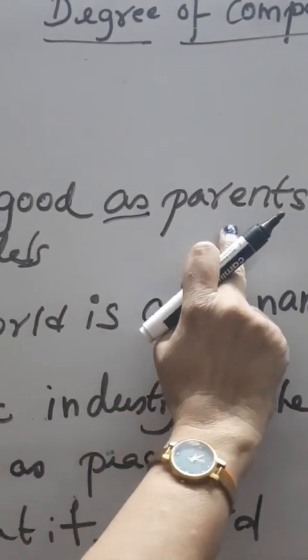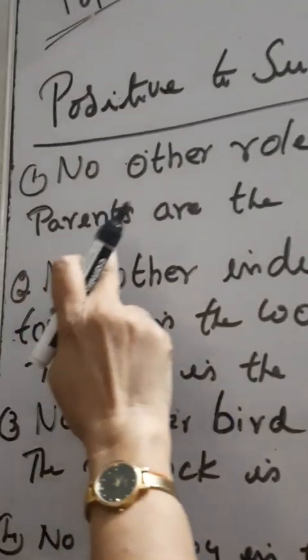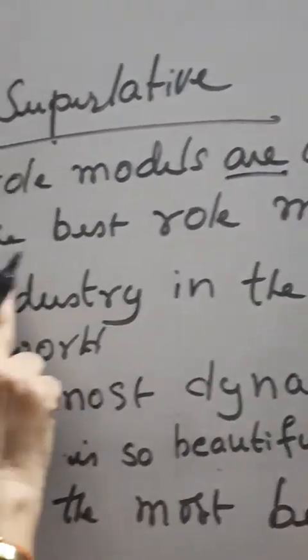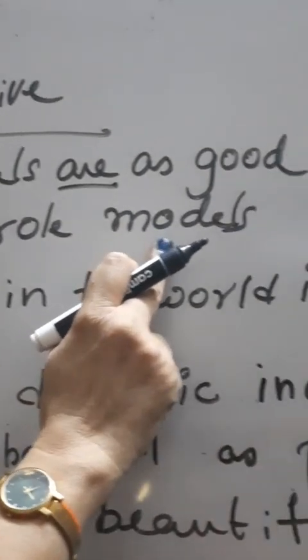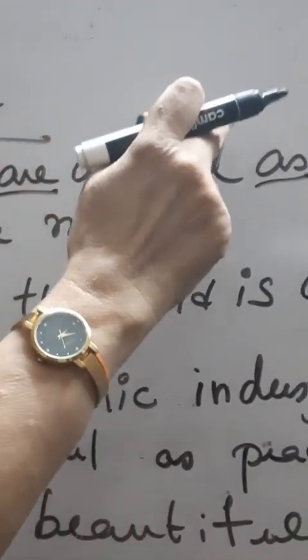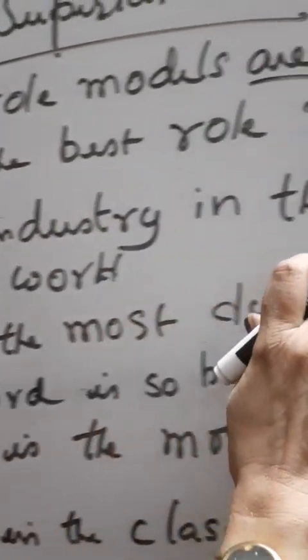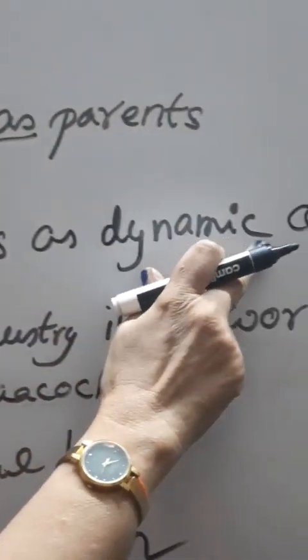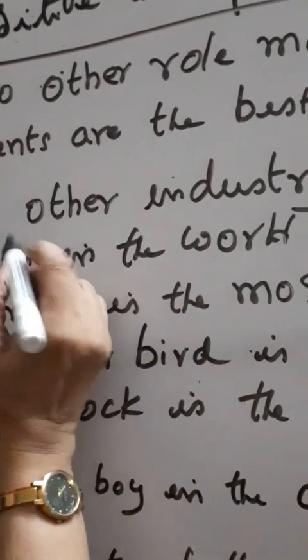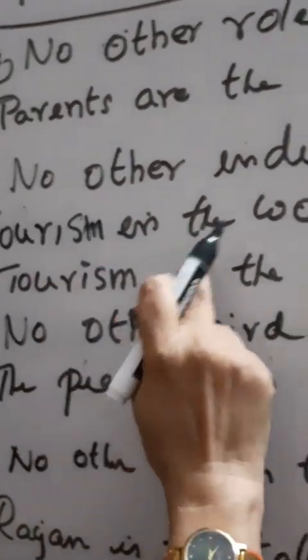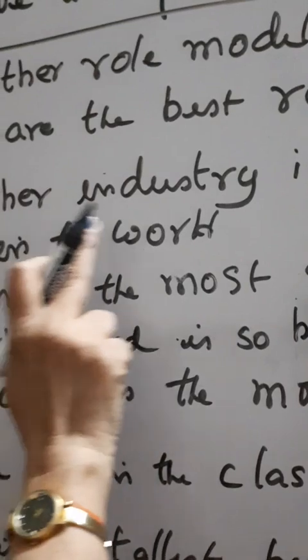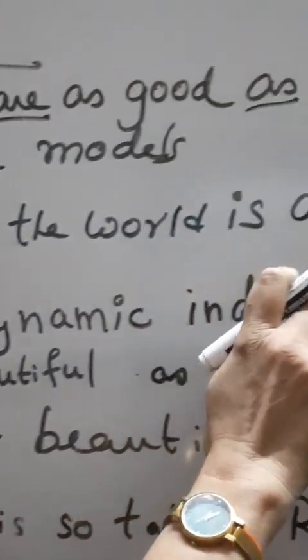Parents. So you have to write it first. Parents are the best role models. Good, better, best. No other industry in the world is as dynamic as tourism in the world.